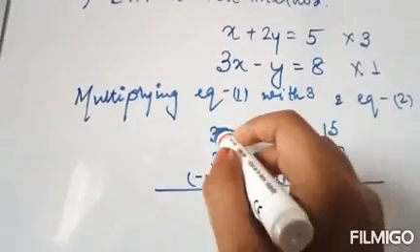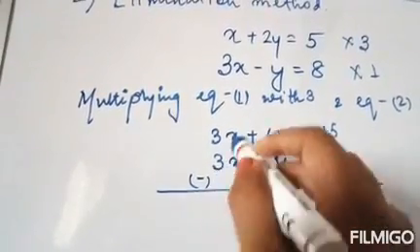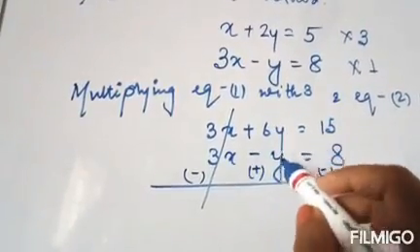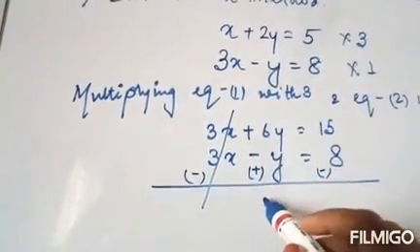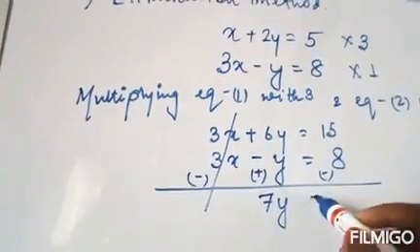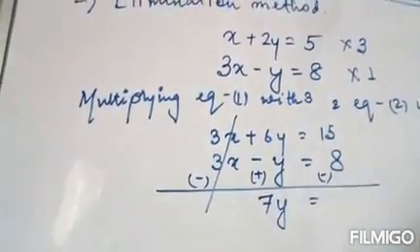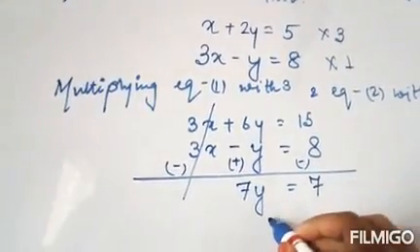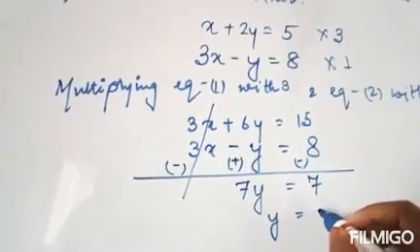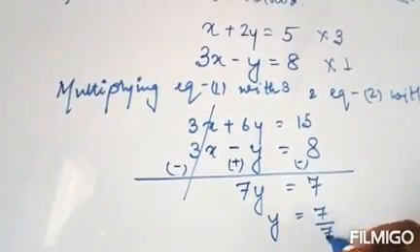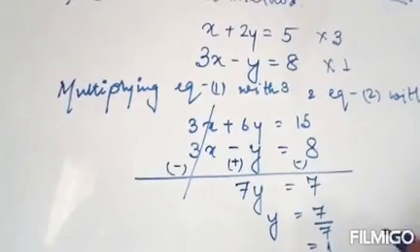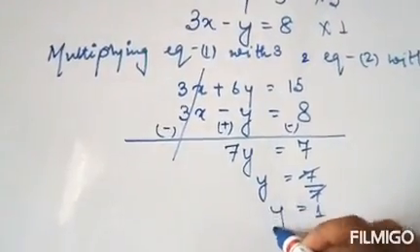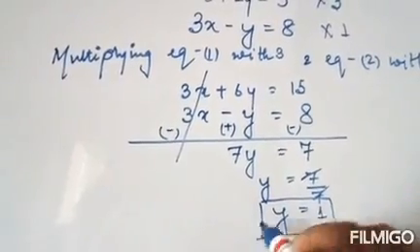So minus 3x plus 3x is 0. 6y plus y is 7y, correct? And 15 minus 8 is 7. So the value of y is 7 by 7, which is equal to 1. So I have already got the value of y as 1.